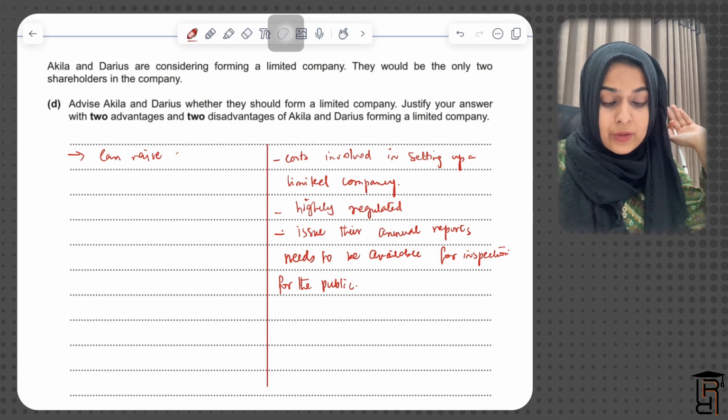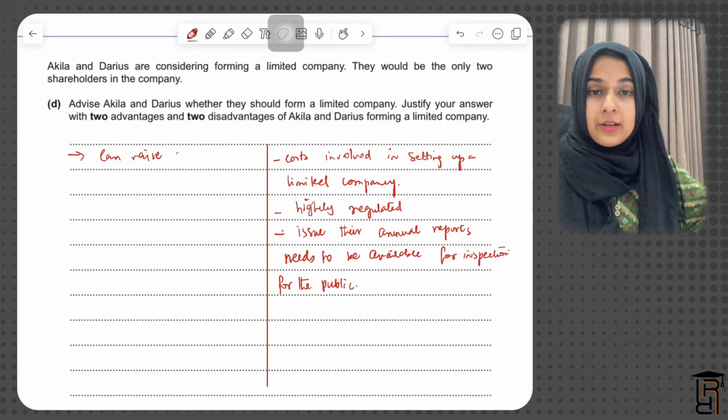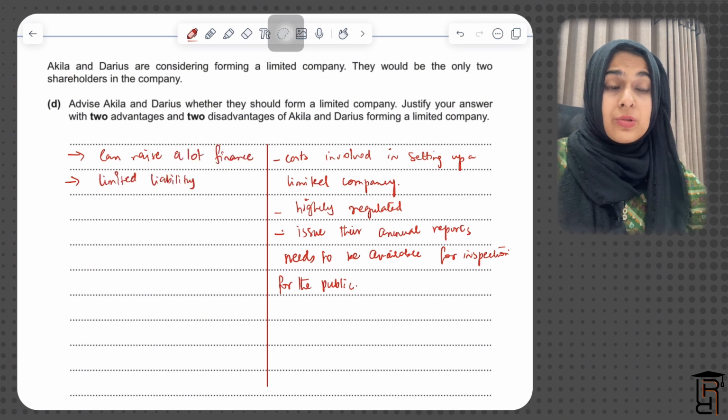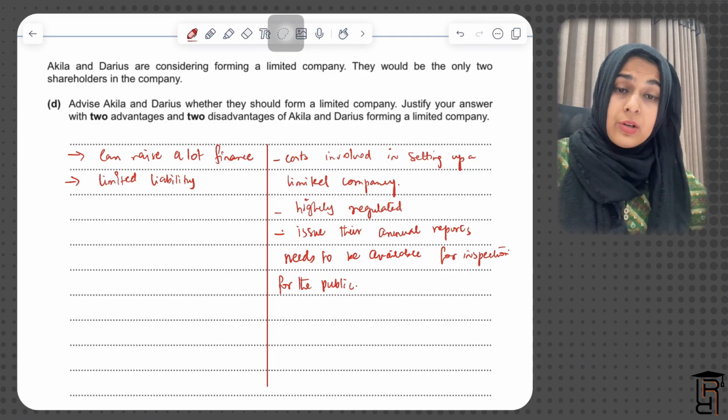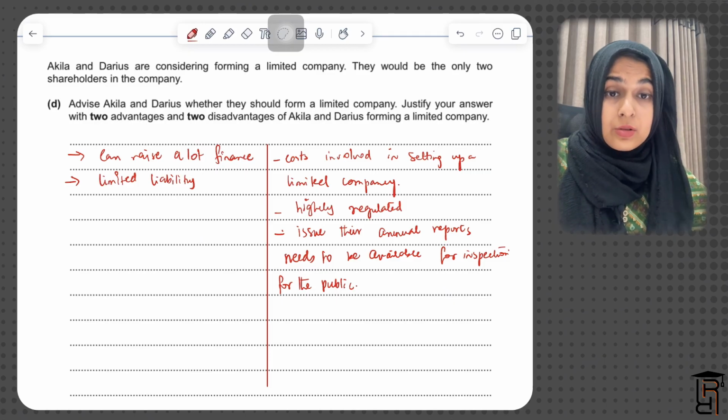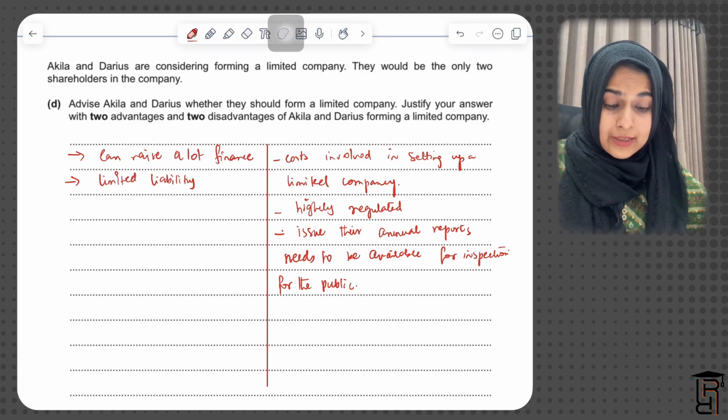There can be other advantages as well. Another advantage would be that partnerships don't continue to exist if one of the partners dies. But limited companies continue to exist even if one of the shareholders dies. So the continuity of existence is also an advantage of a limited company, not a partnership. So that's it for this question.